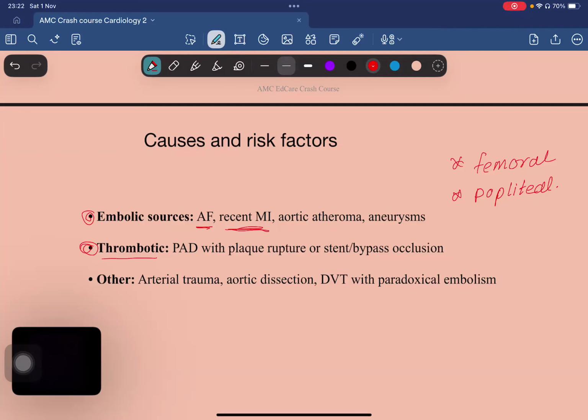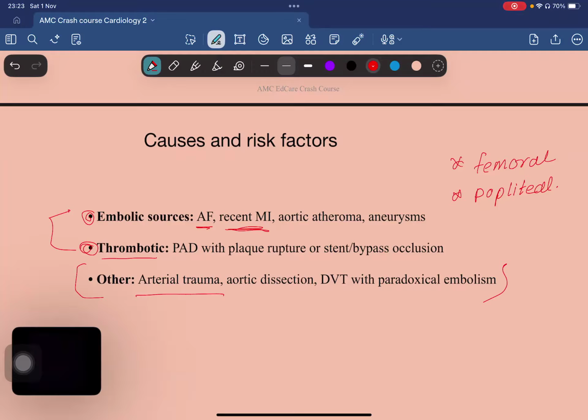And then we also have other less common, less frequent causes, like arterial trauma, aortic dissection, and DVT with paradoxical embolism. Those are not very important. It's good to know the two main ones. Just know that the key risk factors would be atrial fibrillation, a recent MI, aortic aneurysm, or peripheral vascular disease, and smoking, just like we discussed.